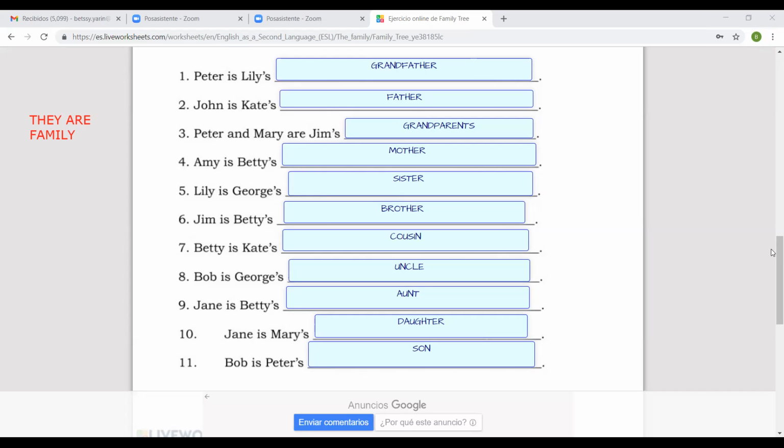Number 8, Sophia, are you there now? Yes, teacher, sorry, I had a problem with my internet connection, so I was trying to solve it. Okay, very good. So we are in number 9. Betty's aunt. Okay, what about in number 10, Millie?